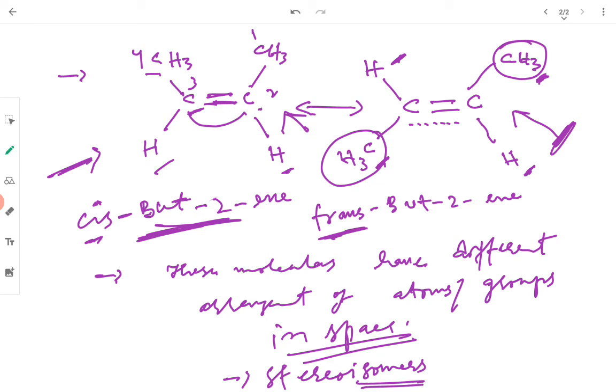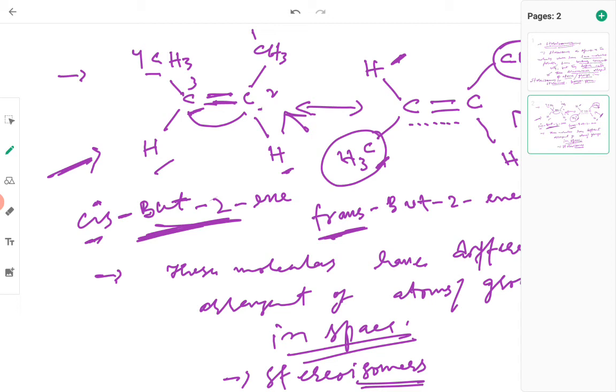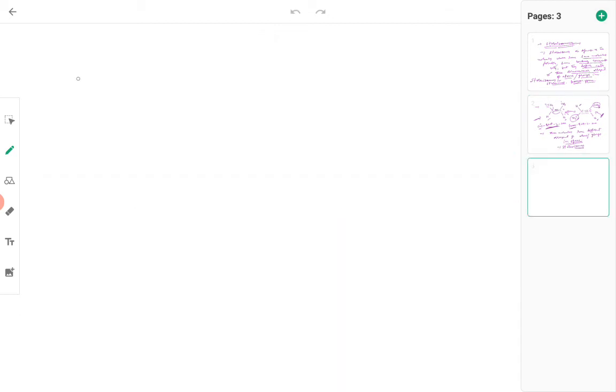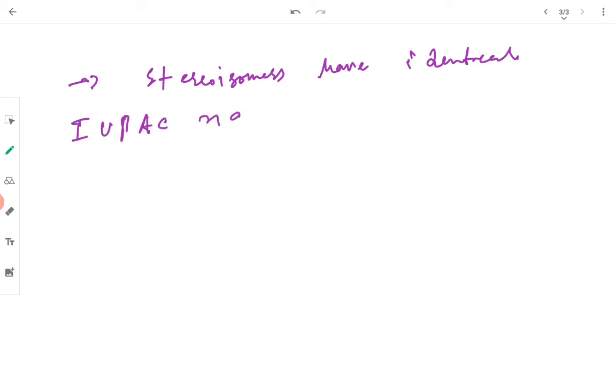And regarding stereoisomers, I will add something: stereoisomers have identical IUPAC names. इनके IUPAC नाम आइडेंटिकल होते हैं, एक्सेप्ट आपको इनमें लगाना पड़ता है प्रीफिक्स.